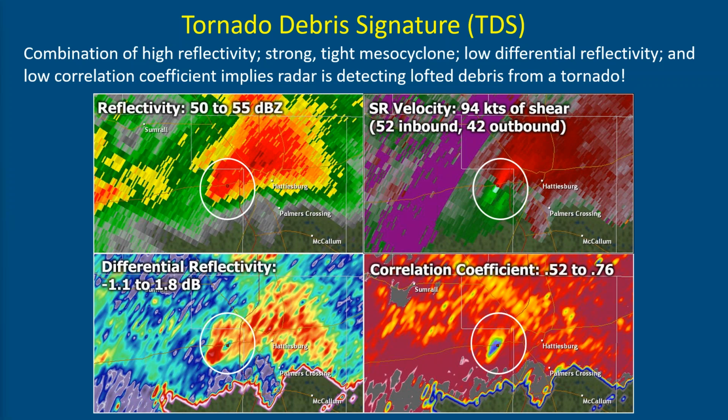If we have these 4 things together, we refer to this as a tornado debris signature. And you really do need these 4. The differential reflectivity, maybe not every time, but every other thing you need all elements of that to have a true tornado debris signature, or TDS.